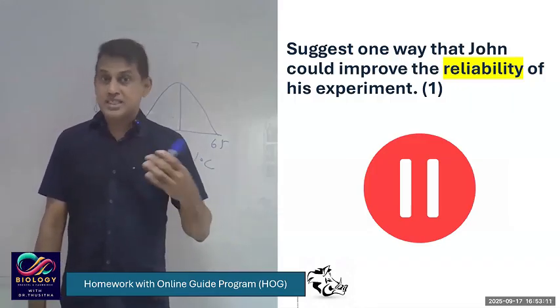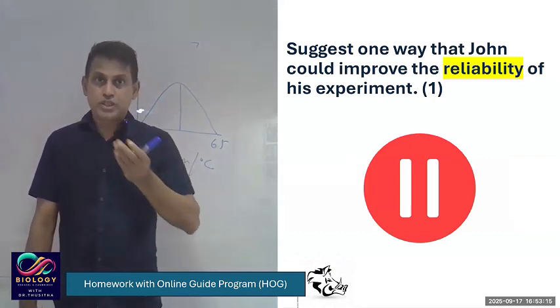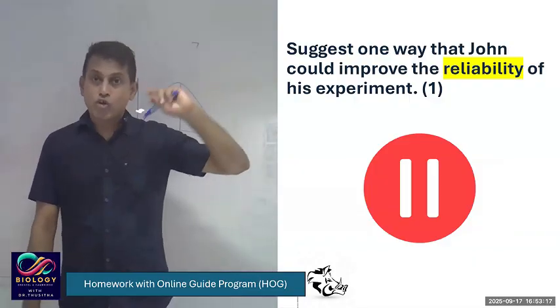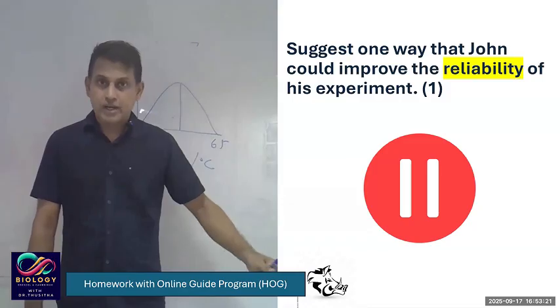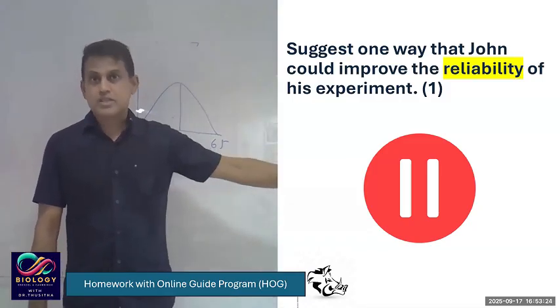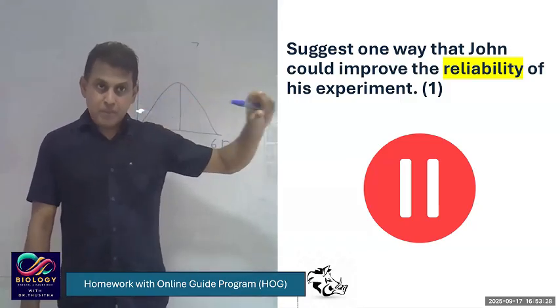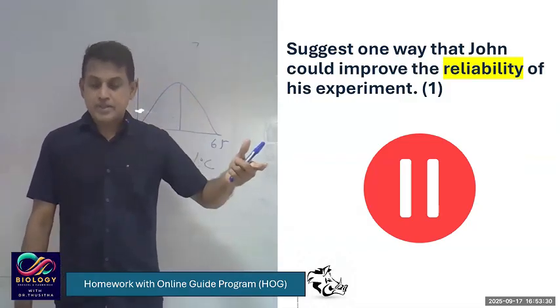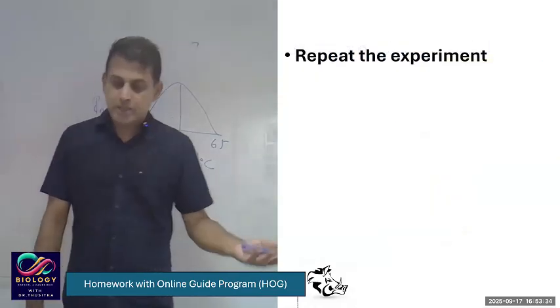If you have done it 6 times and your results are very close to each other, but one is completely wrong, too high or too low, you remove this. This is called an anomalous value. And if the values are the same, you get the mean value. Reliability is repeatability. So repeat the experiment.